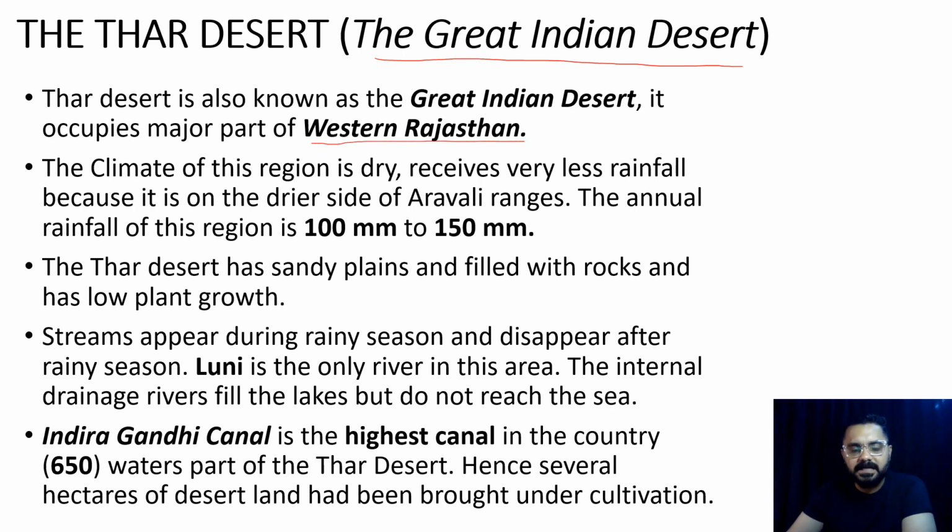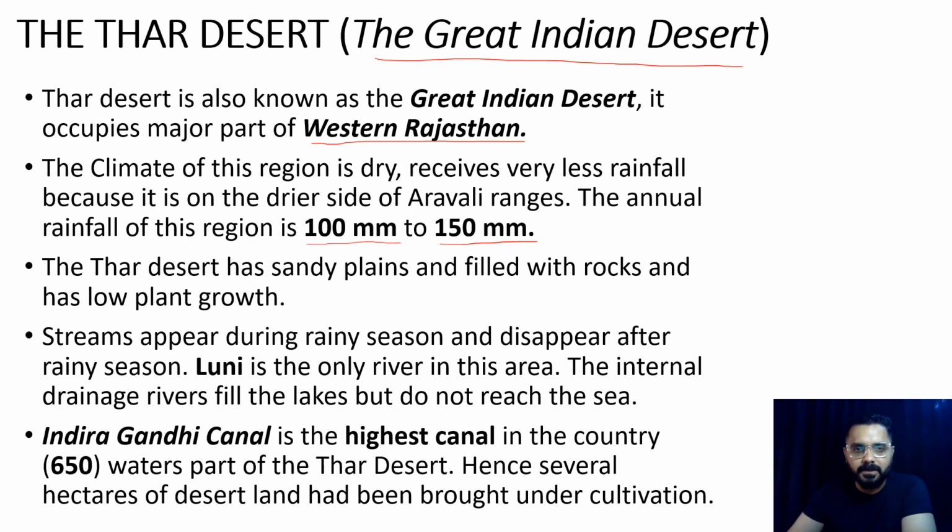Speaking about the climate, it is very dry, and it receives very scanty rainfall. On an average, it is believed that annually just about 100 millimeters to 150 millimeters of rainfall happens in this region. Since it lies in the rain shadow region, the rainfall is very scanty.